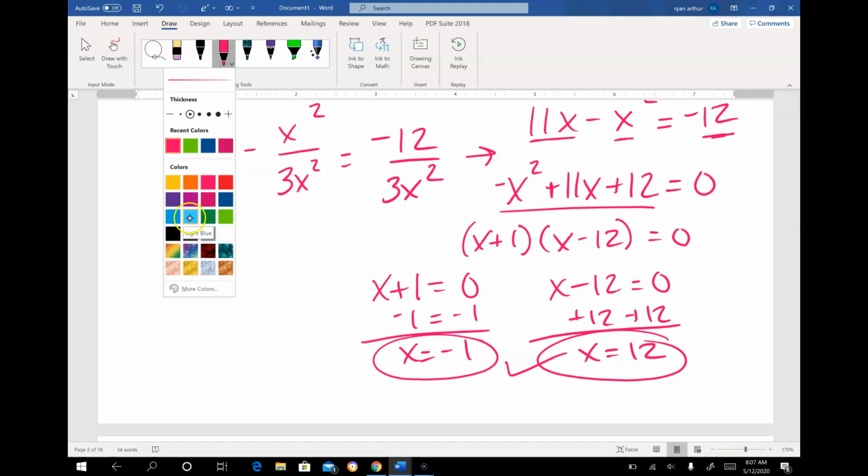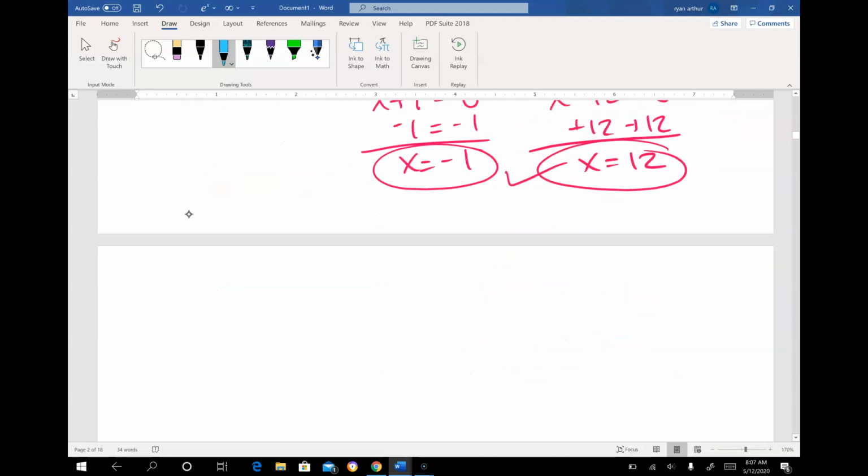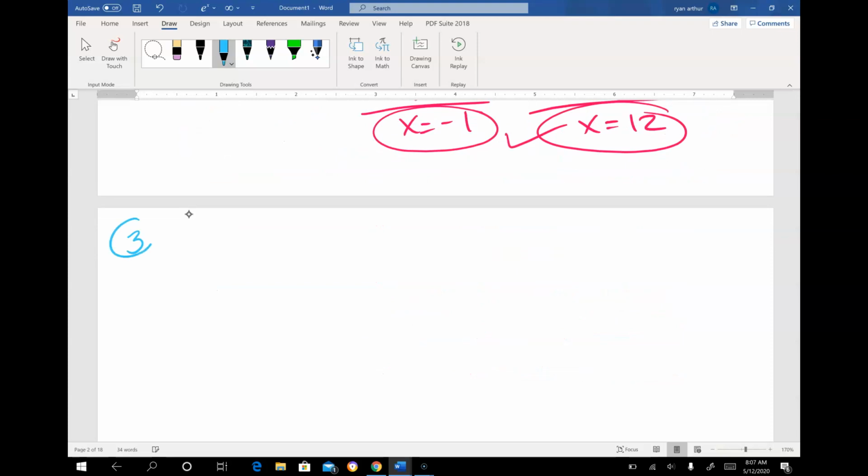Number 3. So number 3 is going to be 4 over x plus 2 plus 3 equals 3x over x minus 3.